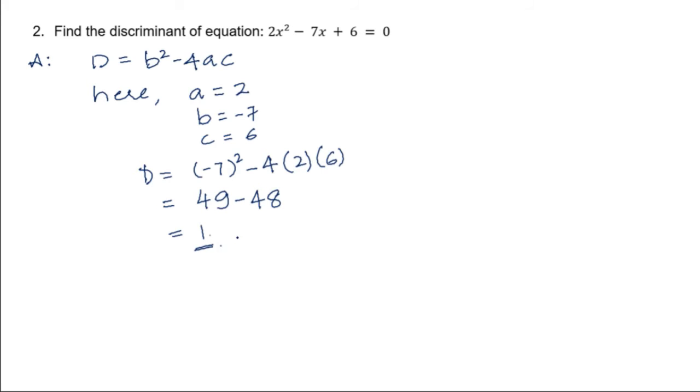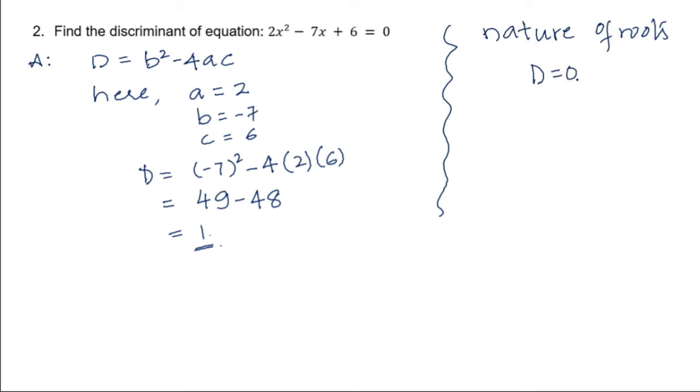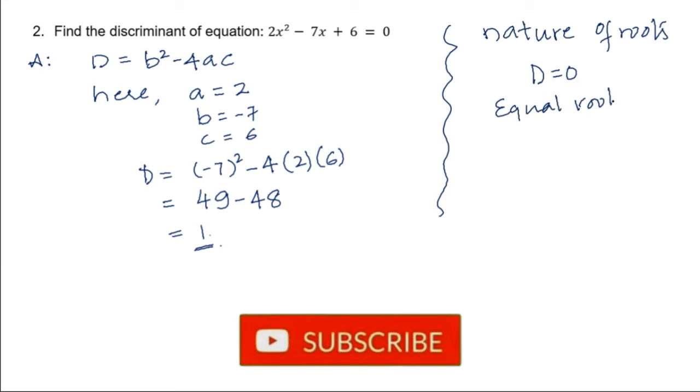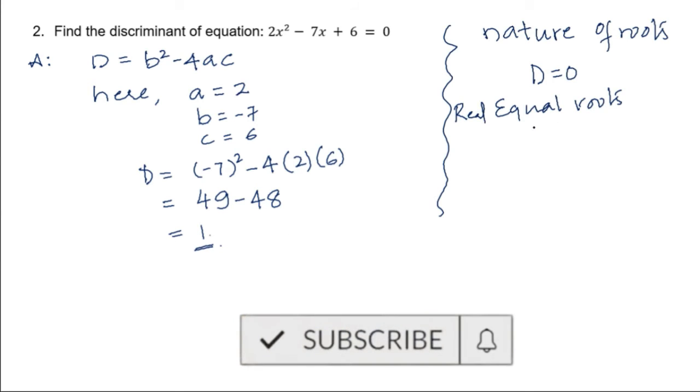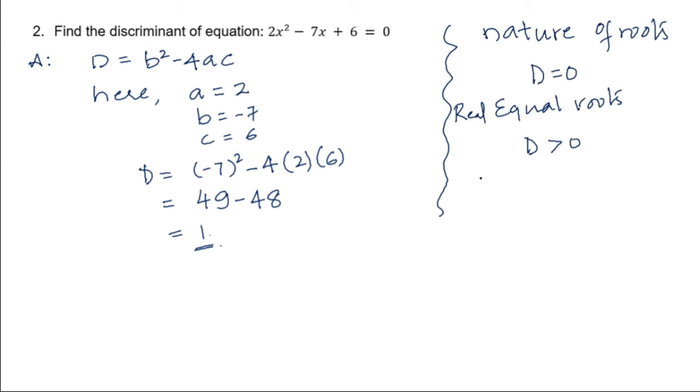In a few of the questions they will ask something called the nature of roots. This is for your better understanding. If the value of the discriminant is equal to 0, you will have equal roots, and they are real roots, so real equal roots. If the discriminant is greater than 0, then you will have real distinct roots.